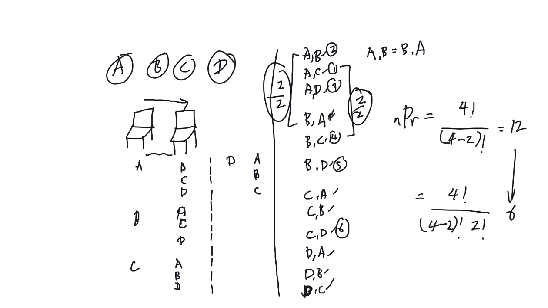So this is nPr over factorial of r, and is written as nCr. So nCr is nPr over factorial of r.